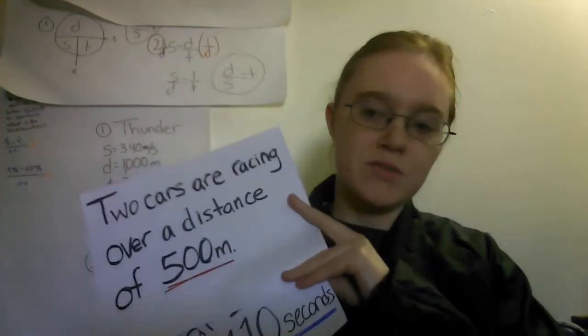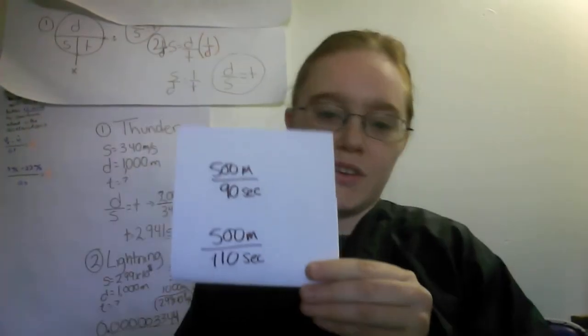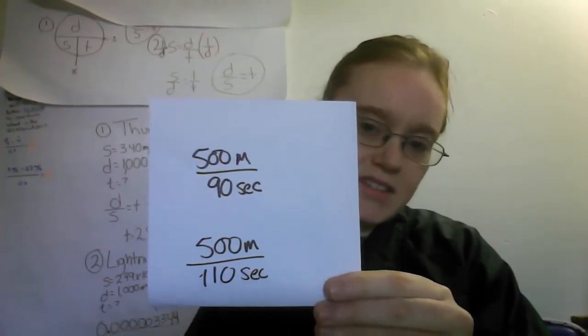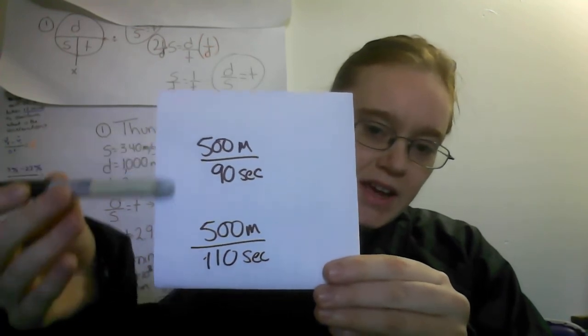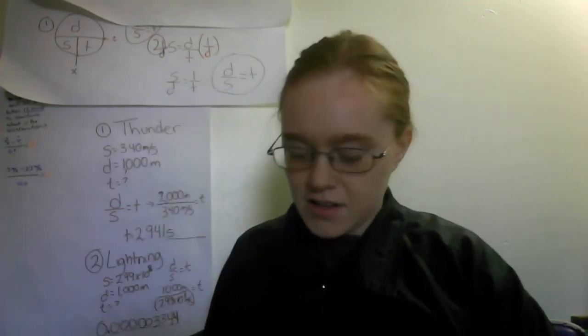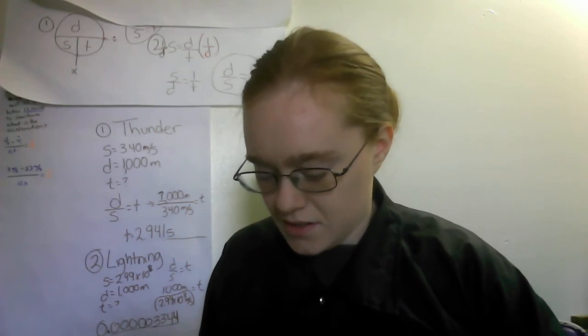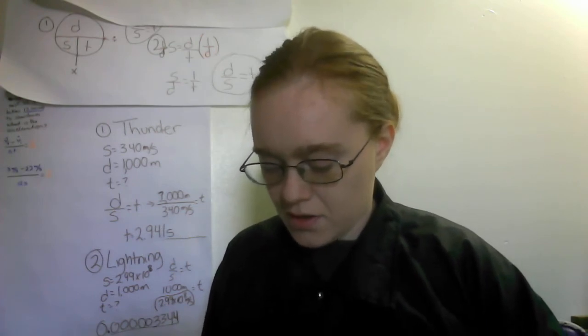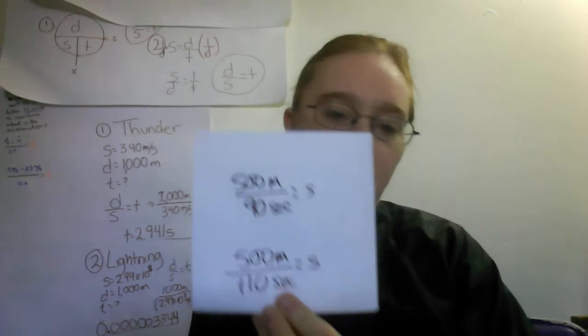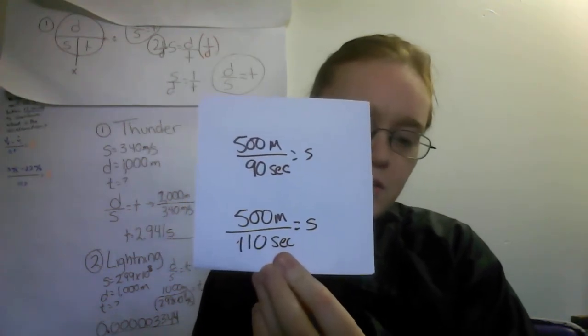So written out, it would look like this: 500 divided by 90, 500 divided by 110 would give you the speed of cars 1 and car 2.